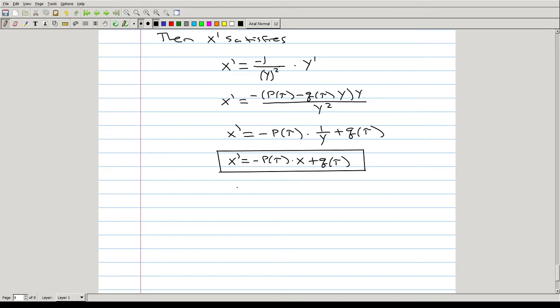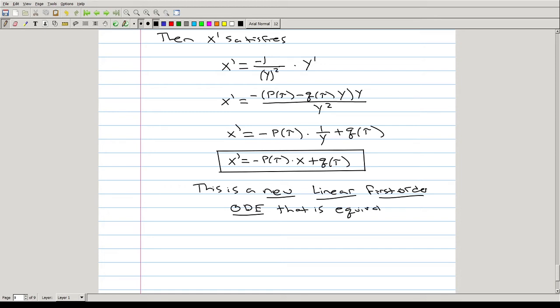This is a new linear, first order ODE that is equivalent to our original, or the y ODE, even though it's much simpler to solve.